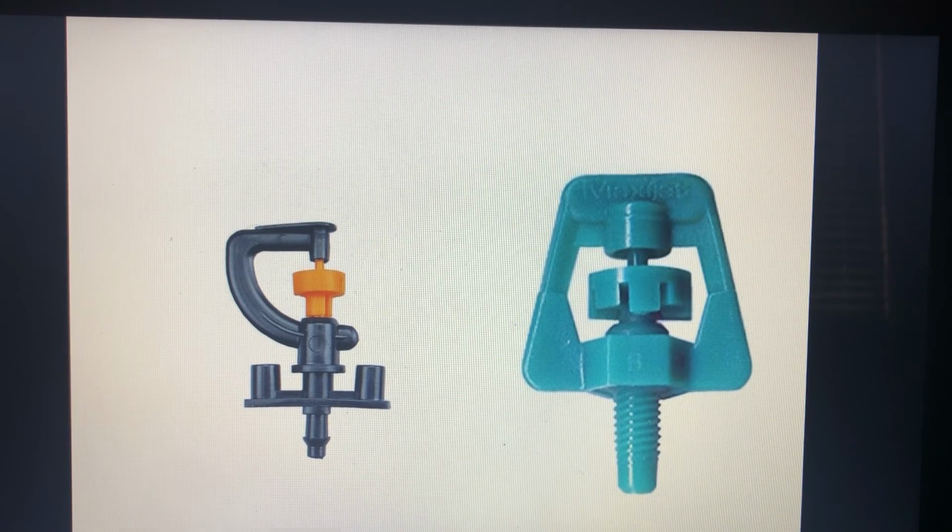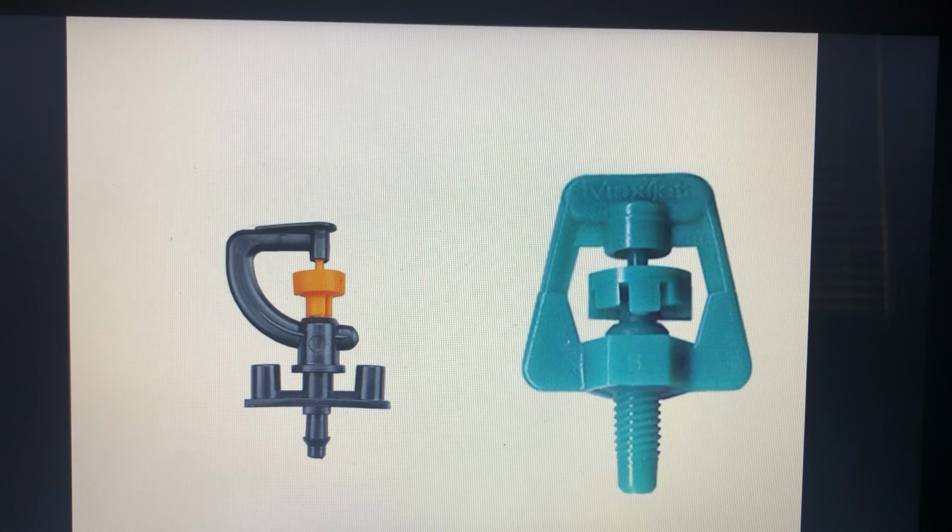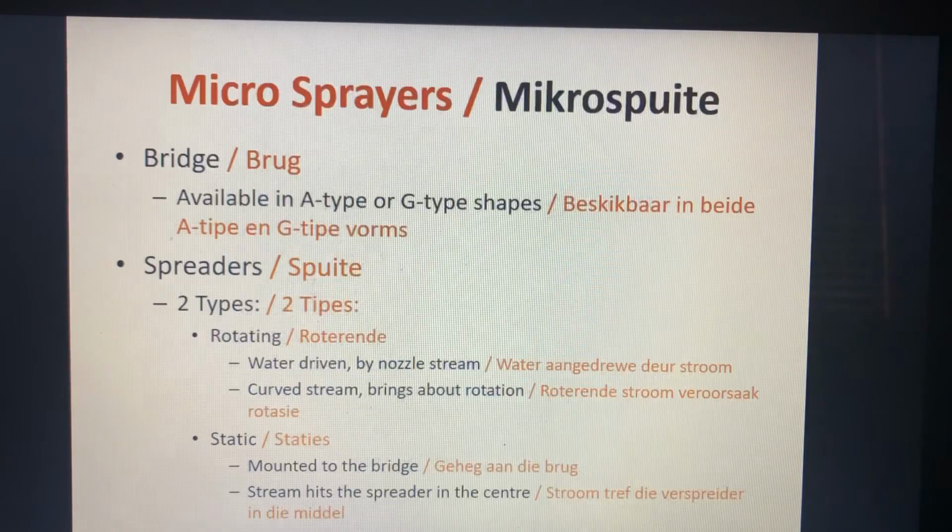So here we have 2 different kinds of micro sprayers. On the left hand side we've got a G shape, and on the right hand side we've got the A shape, and that refers to the bridge of your micro sprayer. And those are the 2 main types that you can find. And then, as I said, 2 kinds of spreaders.